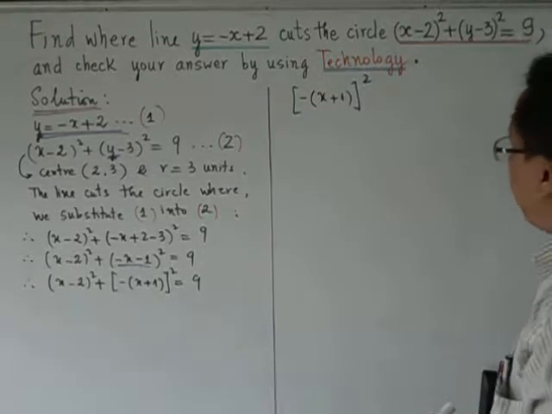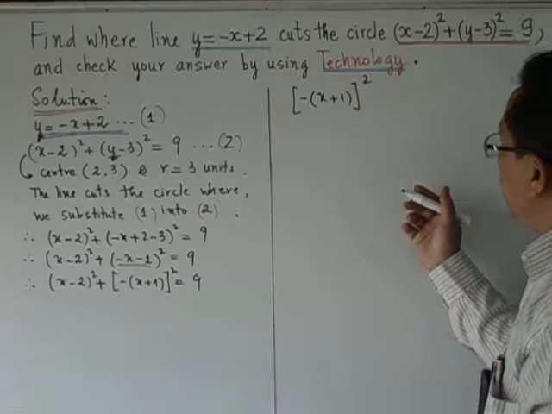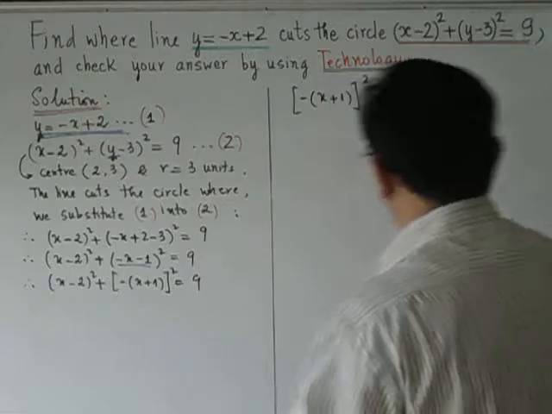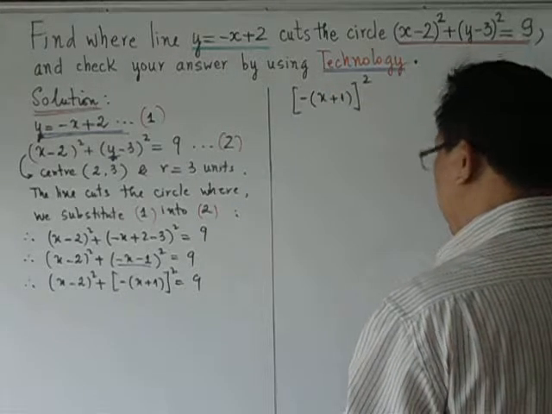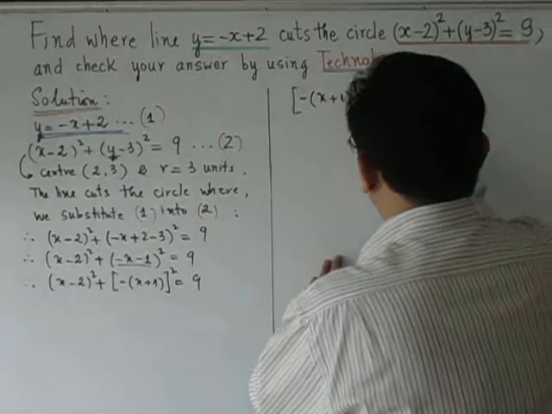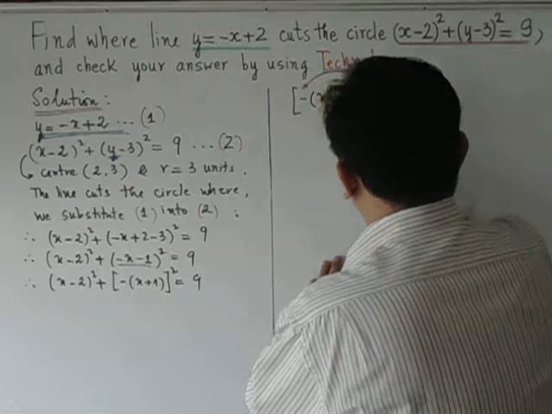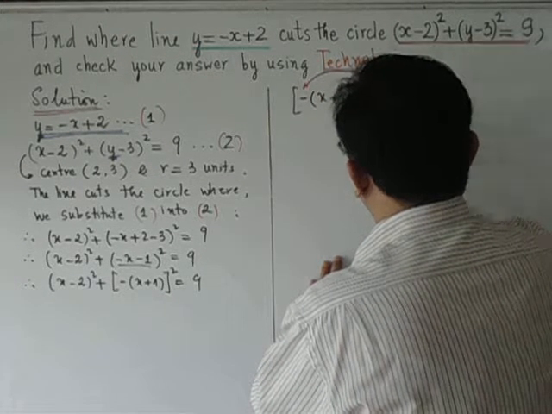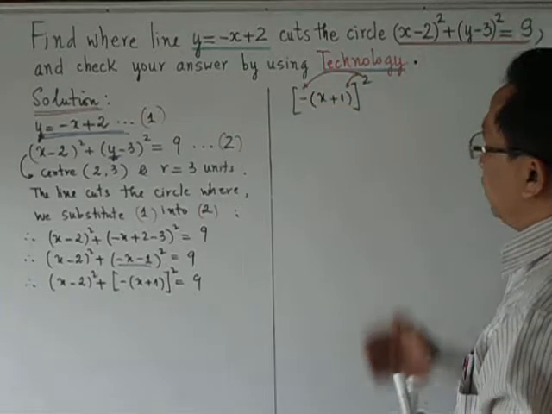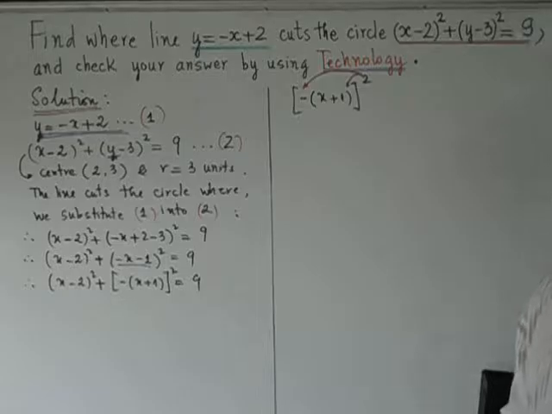By the power rule, the power outside of the round bracket has to be distributed to each element inside the bracket.